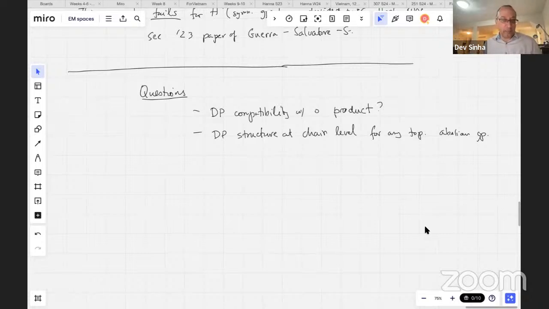And so you end up wanting to identify the right subcomplex of two simplex cross two simplex to do this.